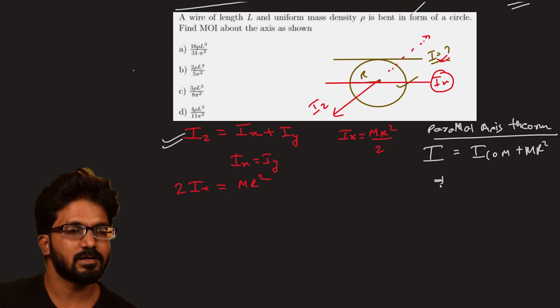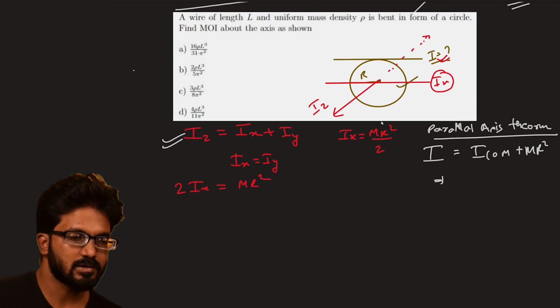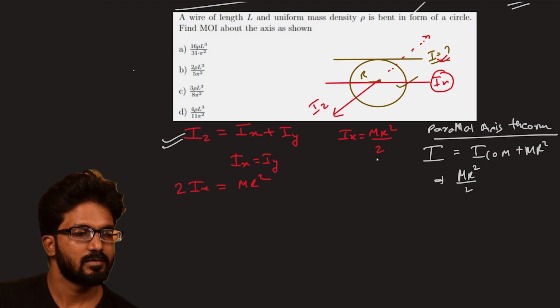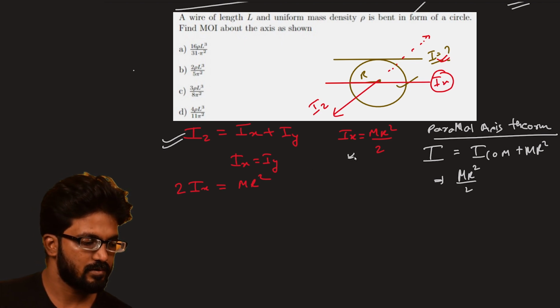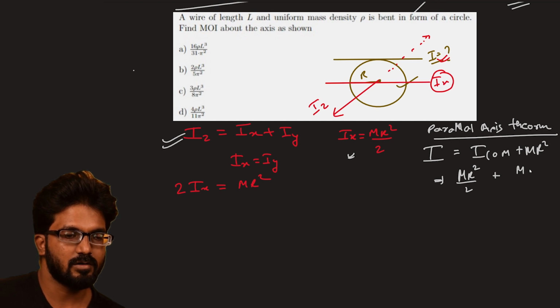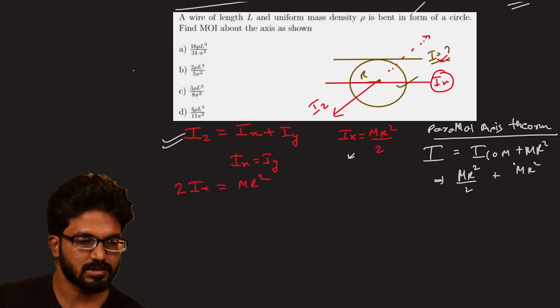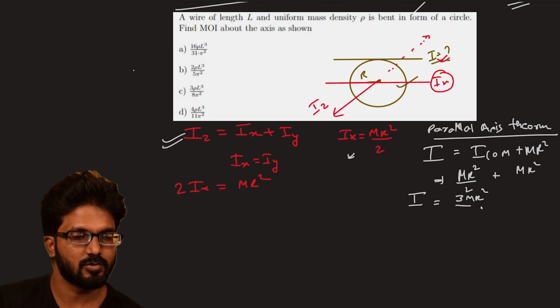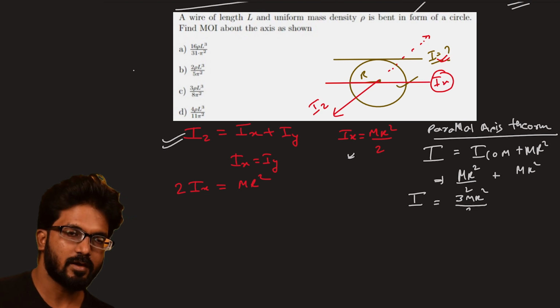Here the moment of inertia about the center of mass is mr square by 2 for a ring. So I is exactly 3 times mr square by 2.